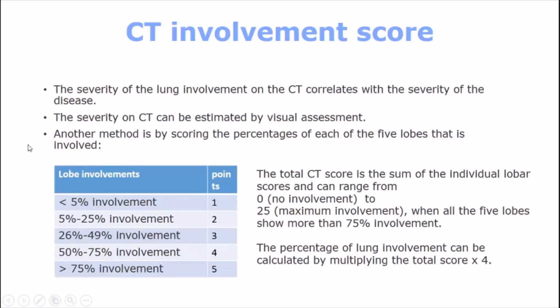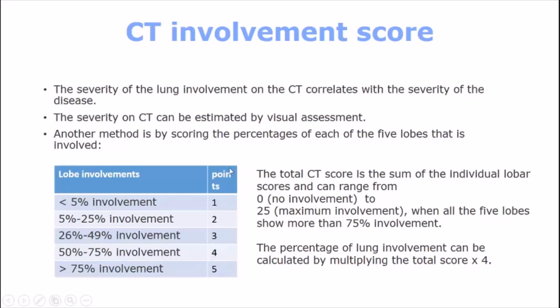So what they suggested is, for example, when we look at each lobe, we give it points. If less than 5% of the lung lobe is involved, then it's 1 point. From 5 to 25% involvement is 2 points. From 26 to 49% involvement is 3 points, 50 to 75% involvement is 4 points, and more than 75% involvement is 5 points.